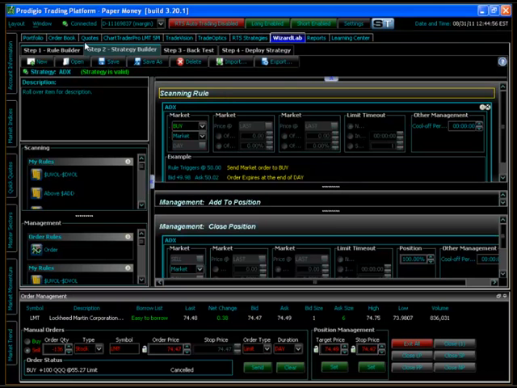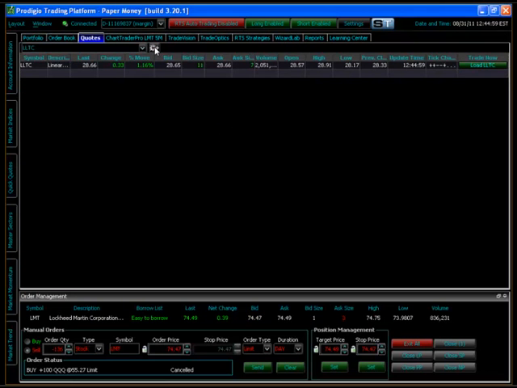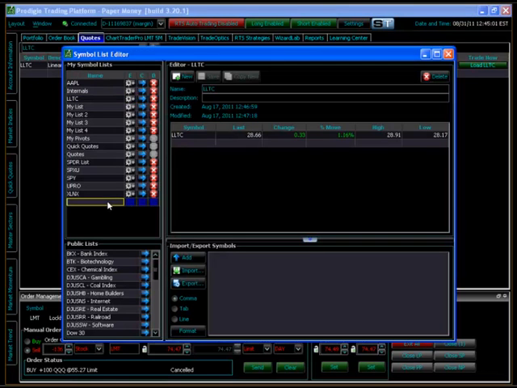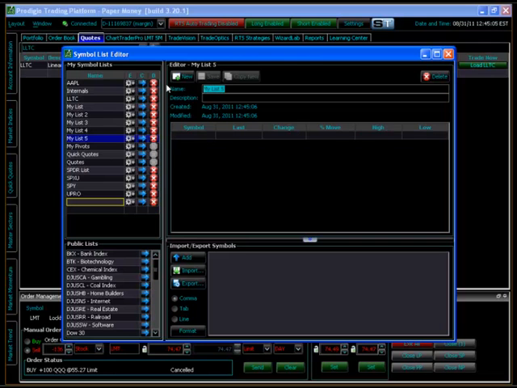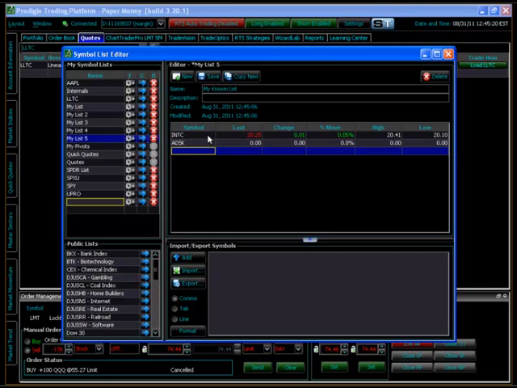If you take these 10 symbols and go to your quotes panel and build a list, I'm going to make a new list and change this name to my known list. This is my known list. These are the ones I really know, and I mentioned before, tech guys only know tech stocks.